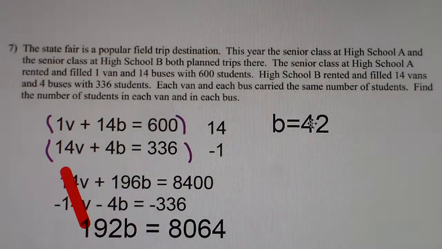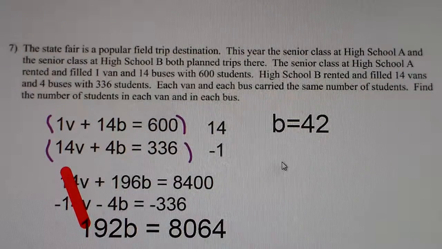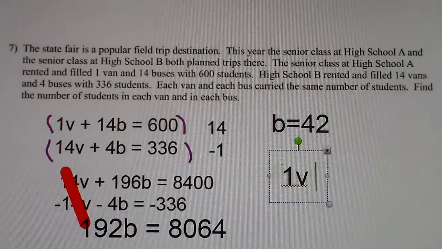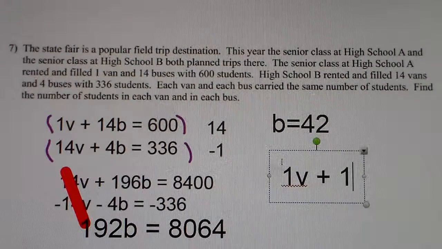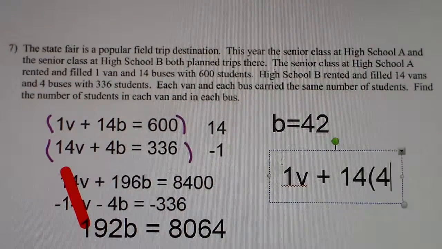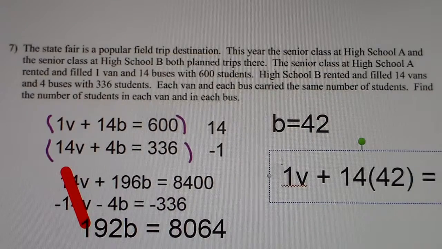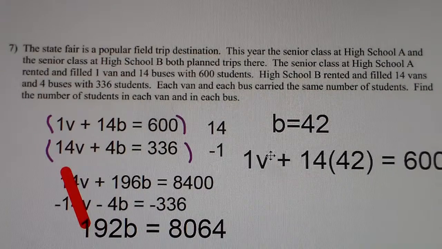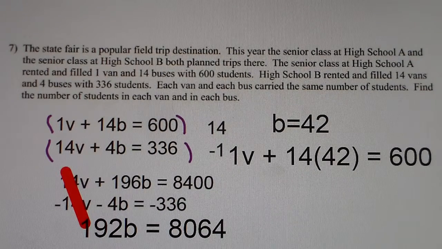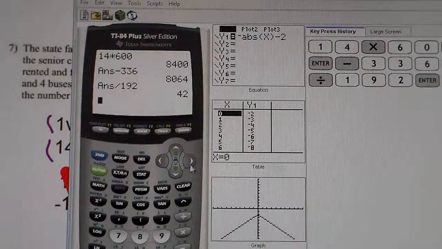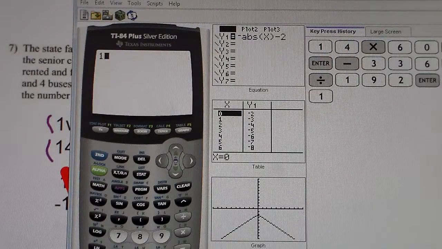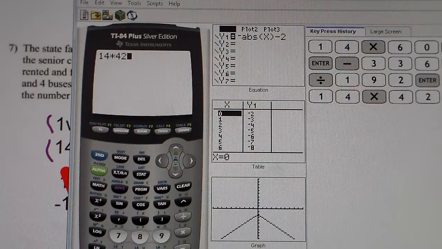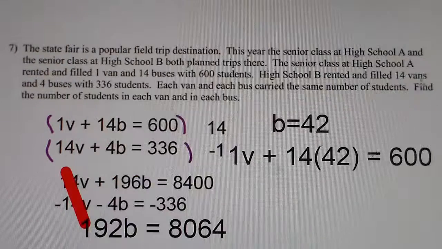Now that we solved for b, that means there's 42 buses. We're going to put 42 in for b, and we're going to solve for v. So 1v plus 14 times 42 equals 600. 14 times 42, let's put that in a calculator. 14 times 42 gets you 588.